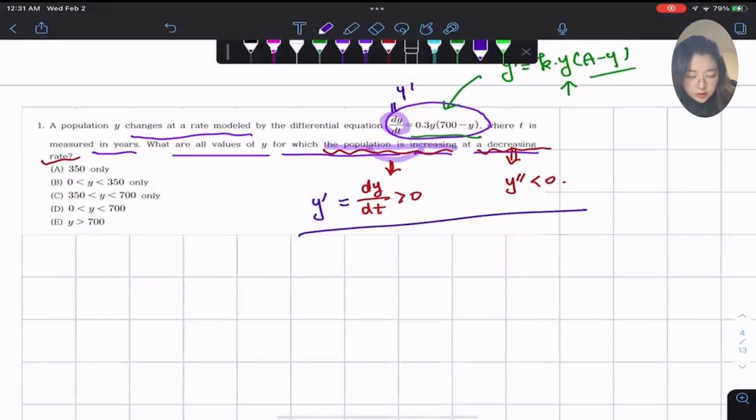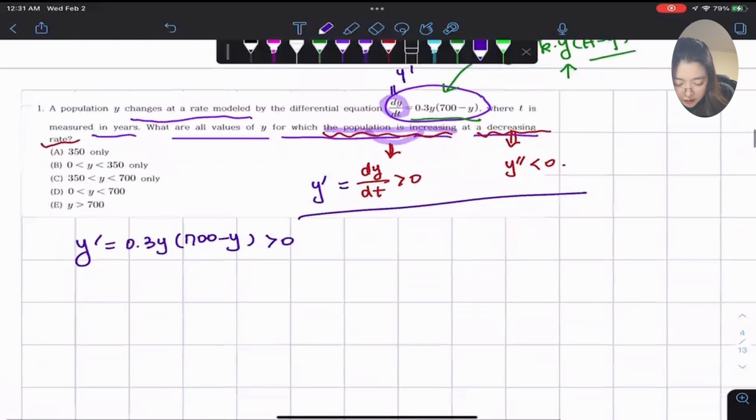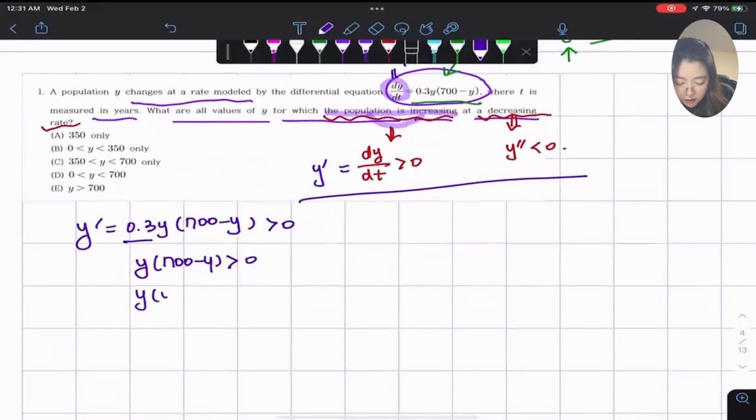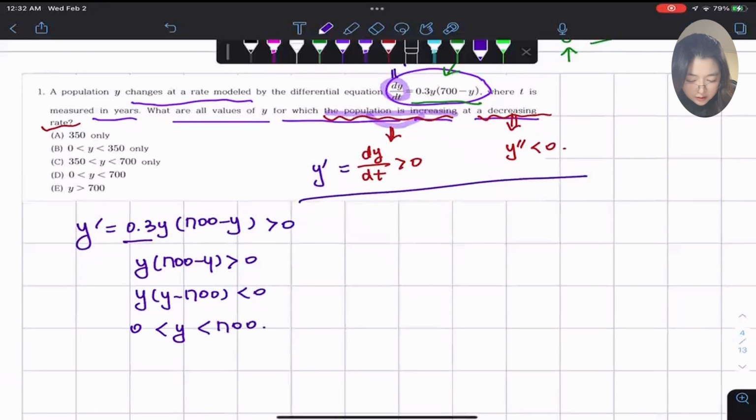To apply the first assumption, y prime is 0.3y times (700 minus y) is positive. Divide by 0.3 on both sides. This is positive, so y times (700 minus y). So the range of y is from 0 to 700.